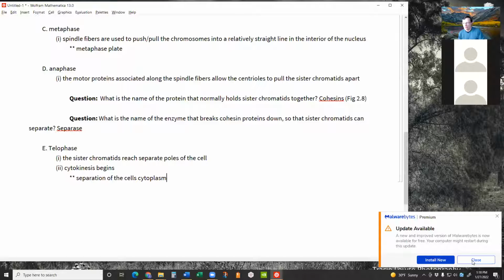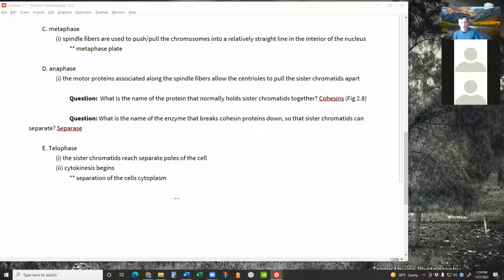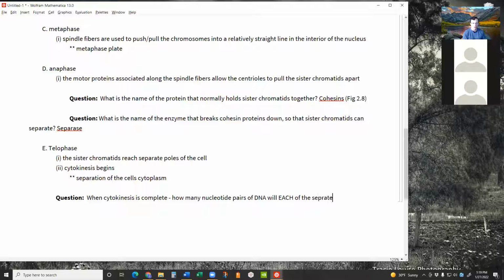Okay, let me ask a question here in your notes. When cytokinesis is complete, how many nucleotide pairs of DNA will each of the separated cells have?